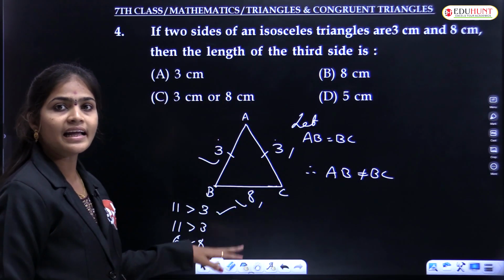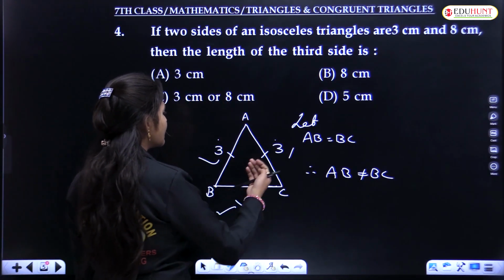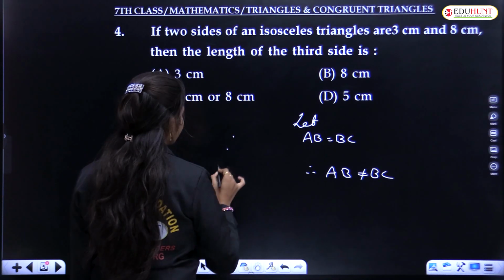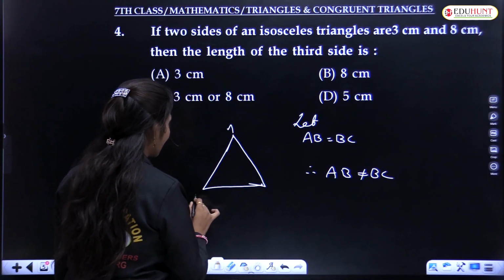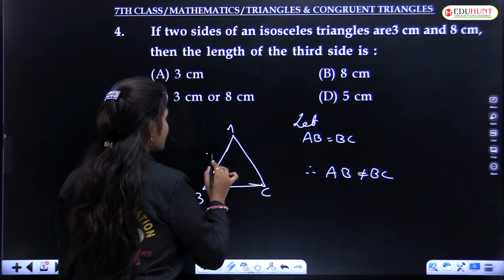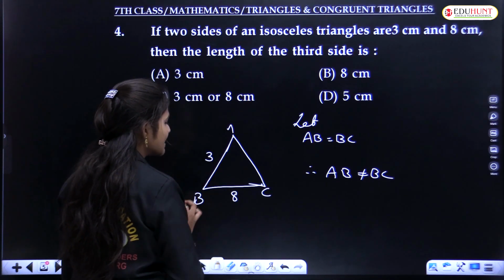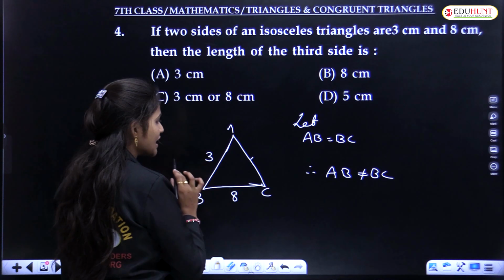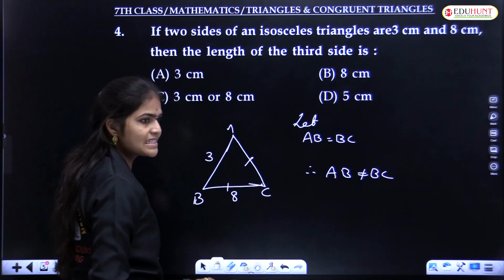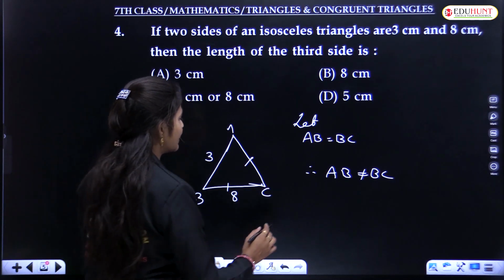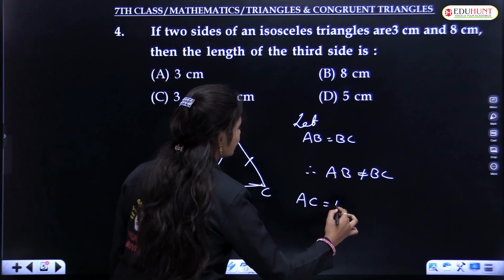Okay, so take another condition here. Let in triangle ABC, this be 3 centimeters and this be 8 centimeters. Two sides equal here means not possible, so I am going to take AC equal to BC. Another possibility, that is AC equal to BC.